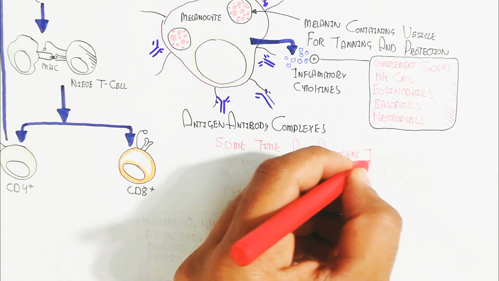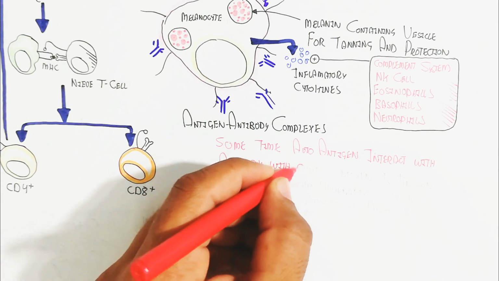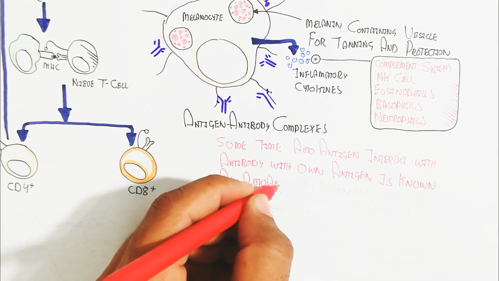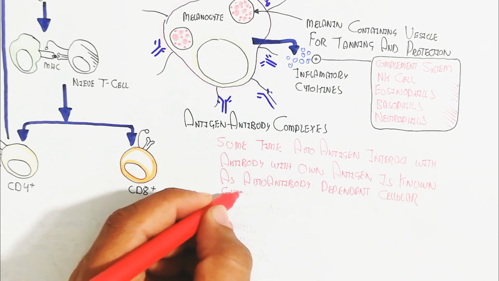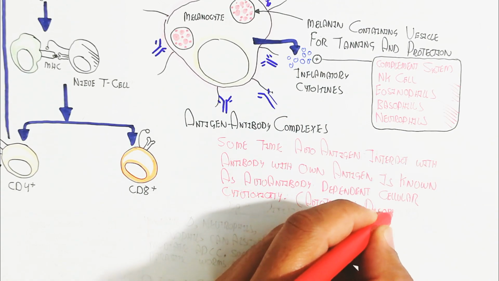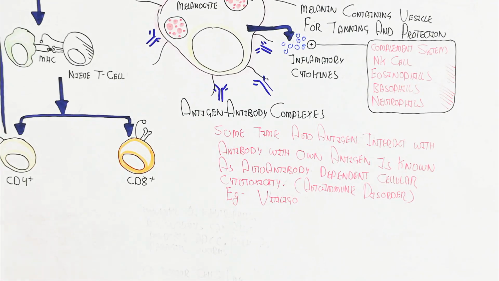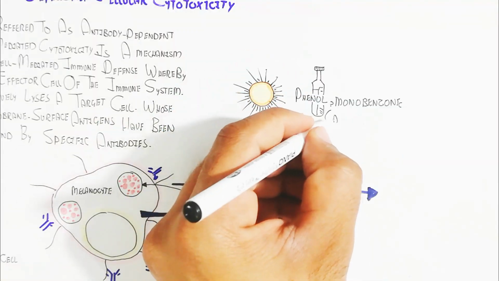Here I am drawing to explain that sometimes the autoantigen interacts with an antibody against our own antigen. This is known as autoantibody-dependent cellular cytotoxicity, which is an autoimmune disorder, like vitiligo. Remember that.